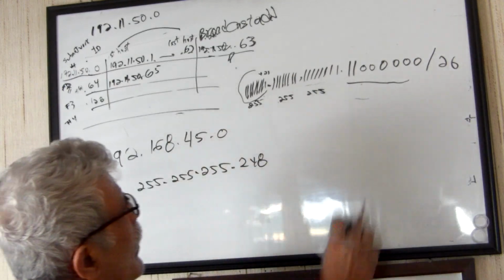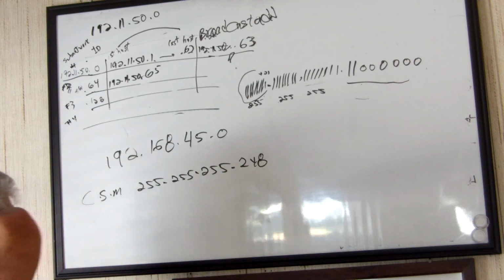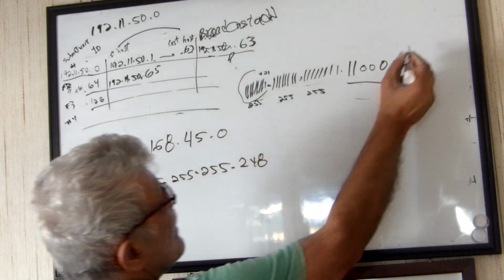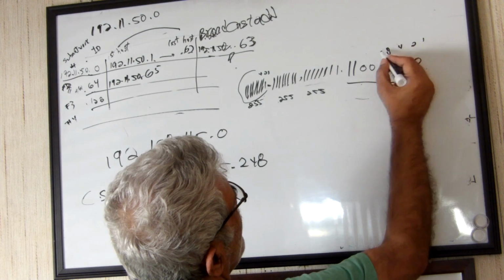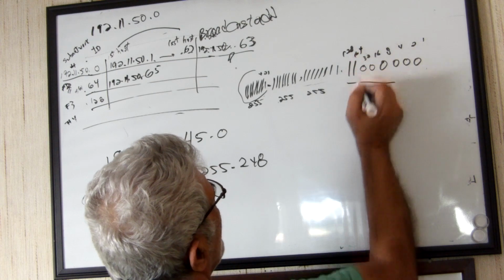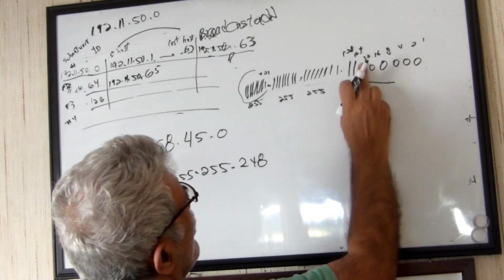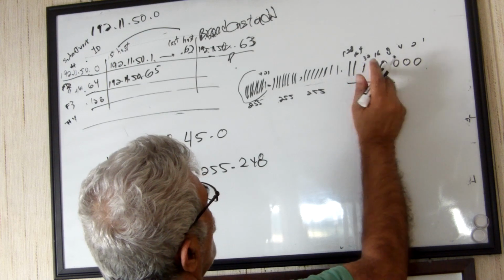Now 248 is, see, 1, 2, 4, 8, 16, 32, 64, 128. 248, 192, 224, 240.